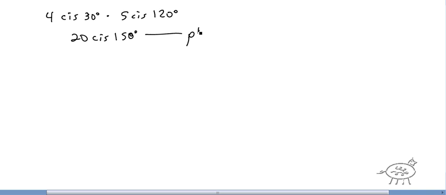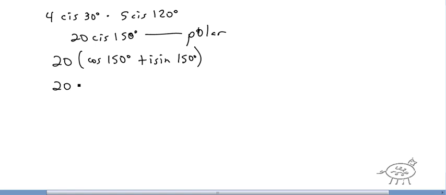That's polar form. And if I need to write it in rectangular, I think it's easy to do that. Cosine 150 plus i sine of 150. Hopefully you remember how to do that, right?